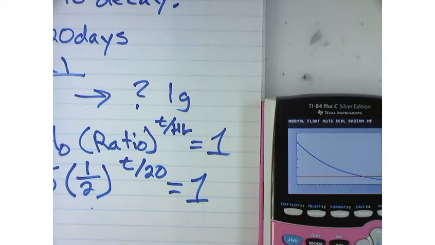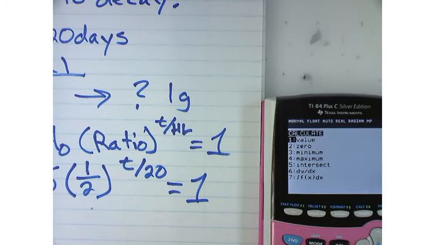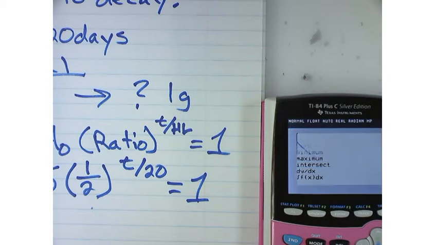Now can I on my calculator find that intersection? Yeah. So if I hit second calc and I want to find the intersection, I just come down here to intersect. And then it says first curve. So what I'm going to do is try and get as close as I can on the first curve to the intersection.